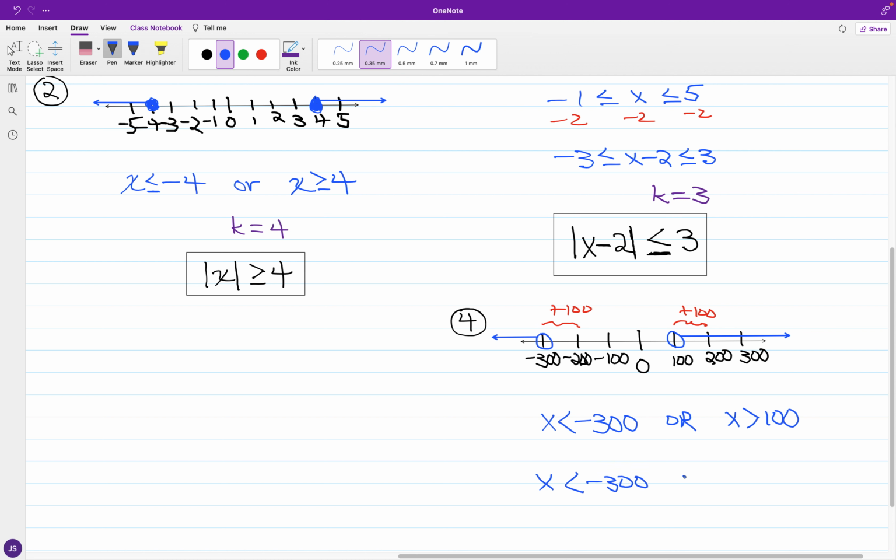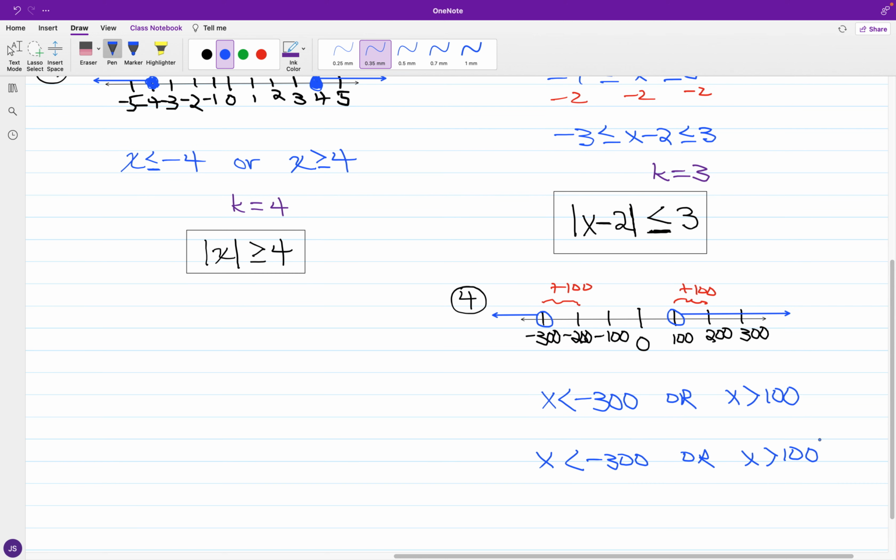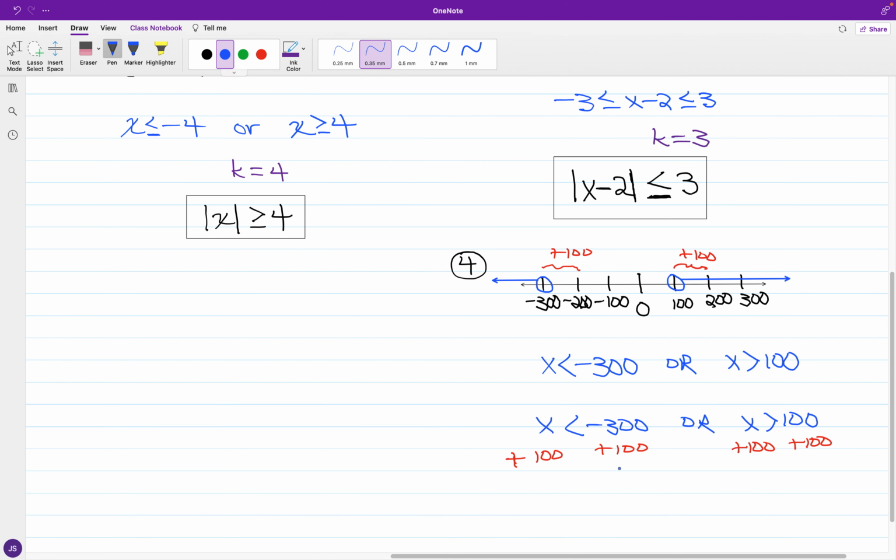and still keeping what I have originally for x, but just rewriting to where the K value is to be determined. If I were to shift over 100 units, I'm going from negative 300 to negative 200, and to the right I'm going from 100 to 200. And so in the rewrite, we're going to have the inequalities that will point out the K value.